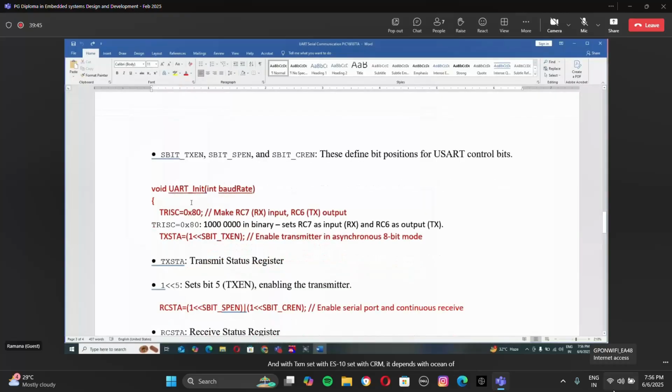Then void UART initialization, and also we initialize the baud rate. I think we are using 9600, the standard baud rate in serial communication.